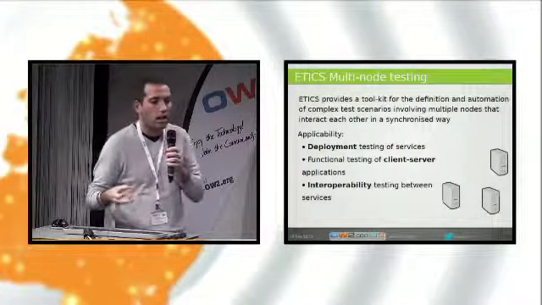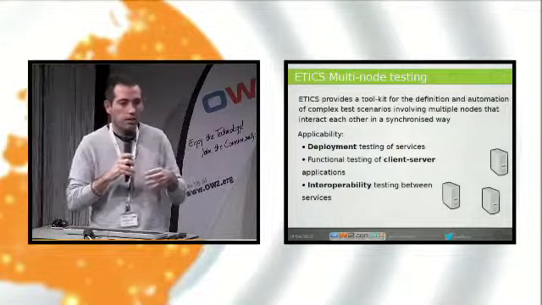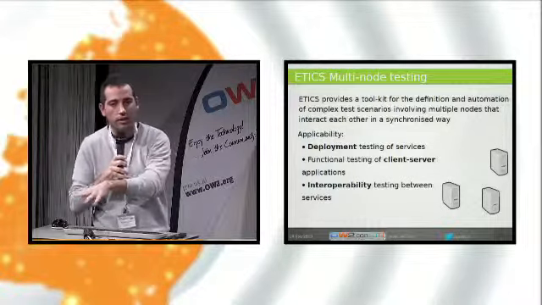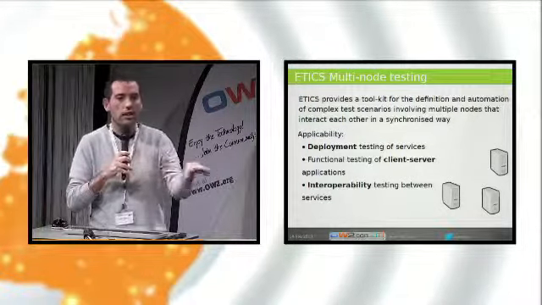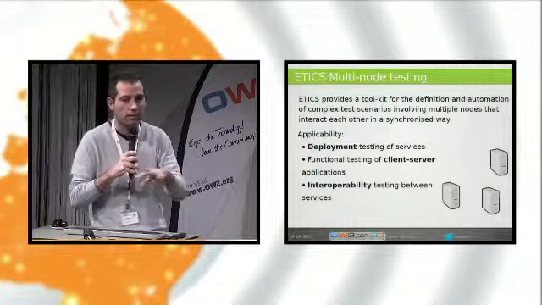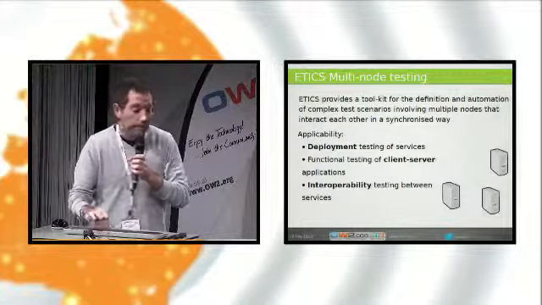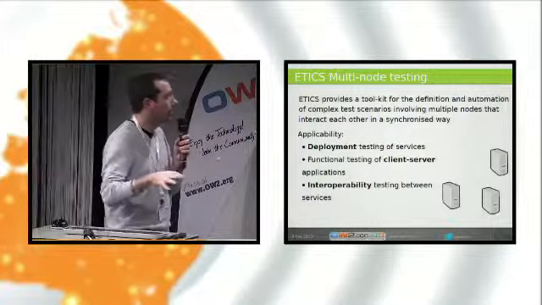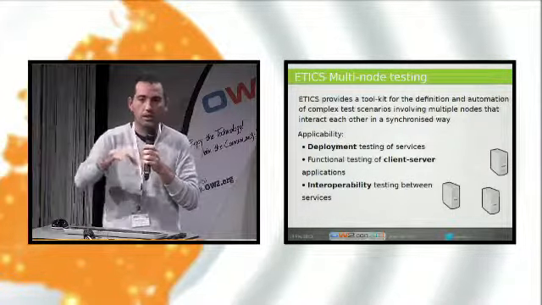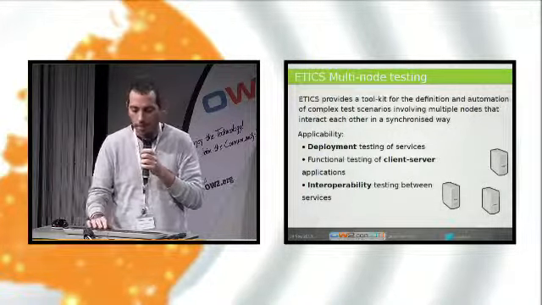For instance, I may want to test by deploying the server on one node, deploying the client on a second node, and checking that both components behave as expected and communicate as expected. And even from here, it is quite clear how this can help the interoperability testing between different components. That is the goal we want to achieve in the OCCI project.